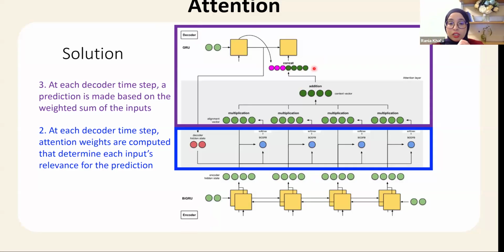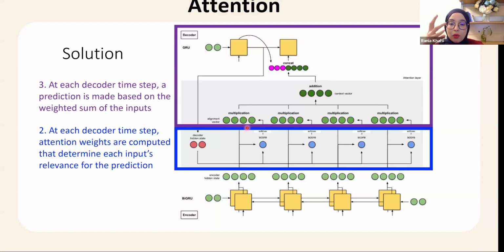At each time step, a prediction is made based on the weighted sum of the input representation. This is the main idea.